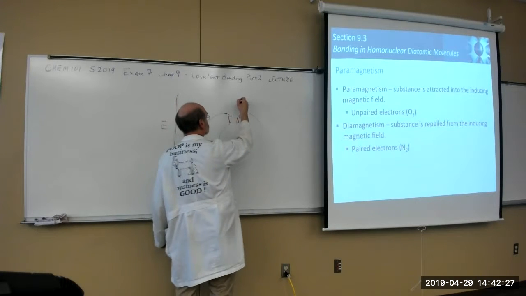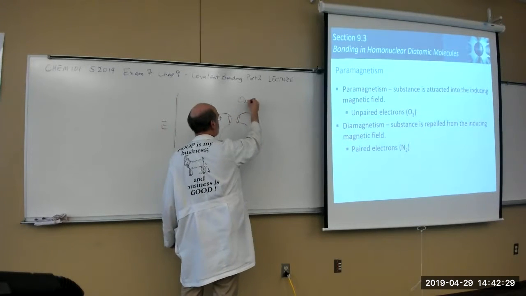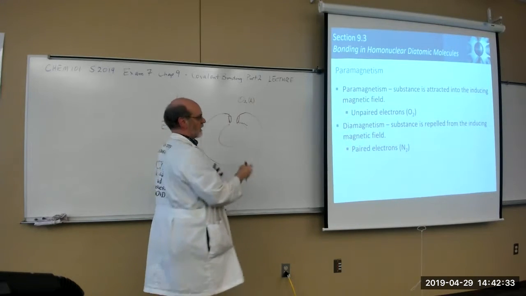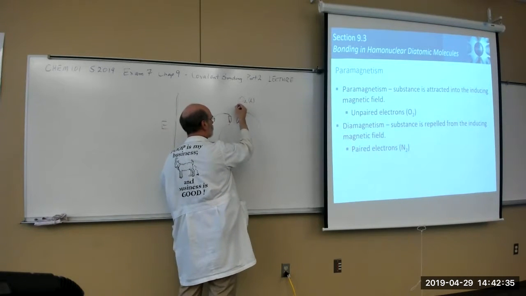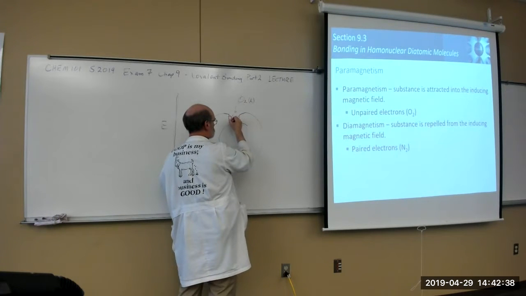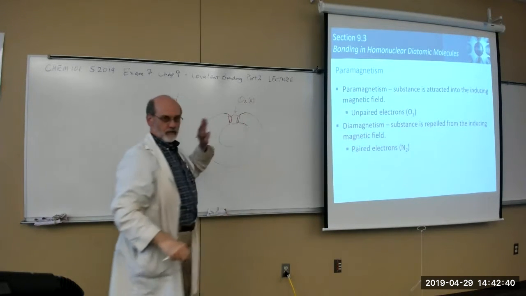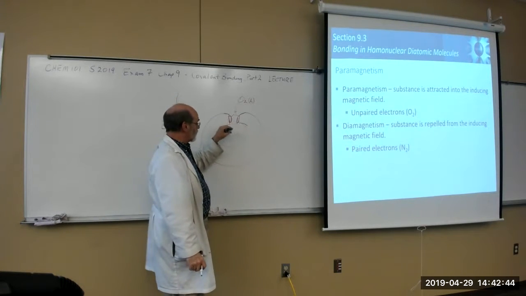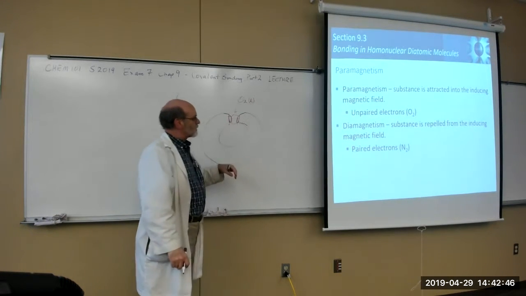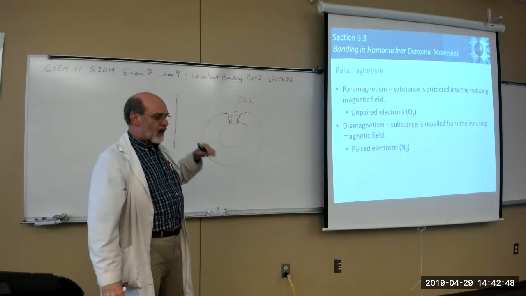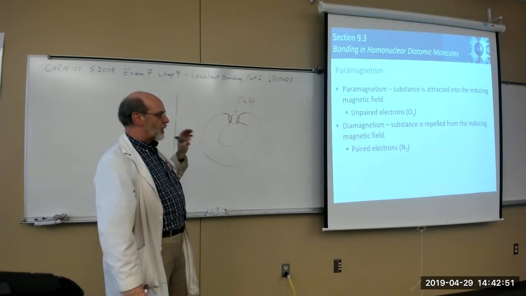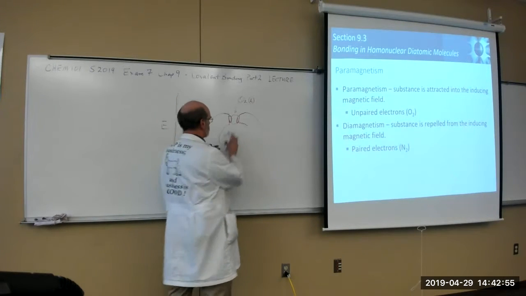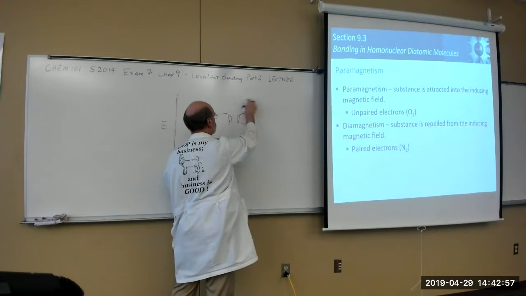If you take liquid oxygen, because gaseous oxygen will just pour away, you pour it in here and it sticks right in that field until it's full, of course. You pour it in there and it stays there because dioxygen, O2, has unpaired electrons. So it interacts with the field. So what happens if you do that same thing with liquid nitrogen?